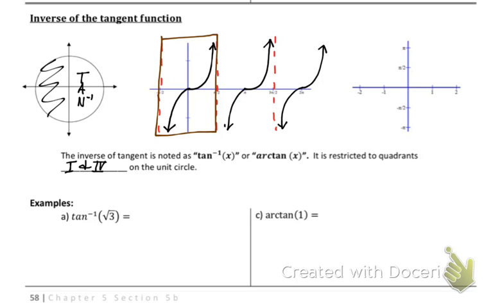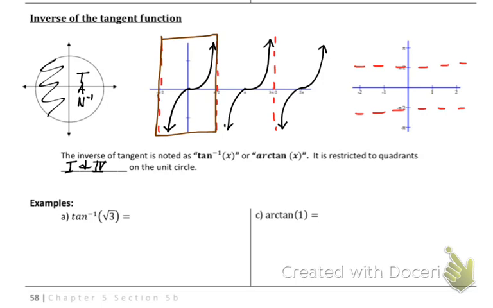Graphing this, it's pretty easy, as long as we agree that vertical asymptotes turn to horizontal asymptotes. So we have vertical asymptotes at negative pi over 2 and pi over 2. So we're going to put a horizontal asymptote at pi over 2 and negative pi over 2. Now if we picture, when I take the inverse of something, it flips it like this.